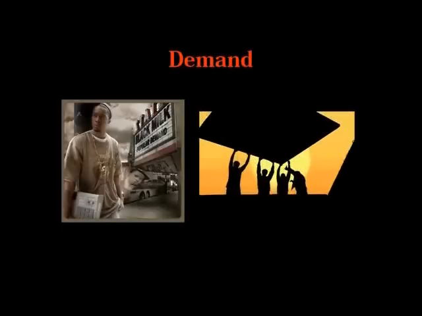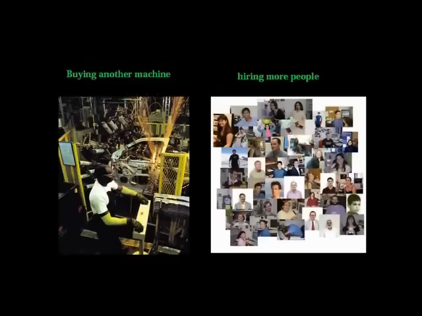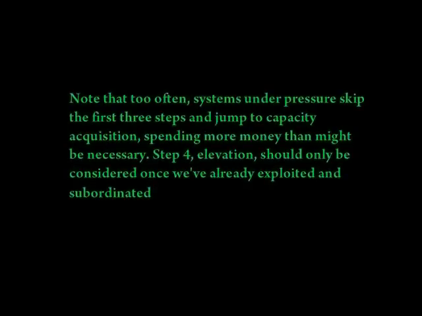But sometimes demand for more throughput leads to the need to acquire more capacity, by finding alternatives to the constraint, offloading to other resources, or simply buying another machine or hiring more people. Note that too often, systems under pressure skip the first 3 steps and jump to capacity acquisition, spending more money than might be necessary. Step 4, elevation, should only be considered once we already exploit and subordinate it.